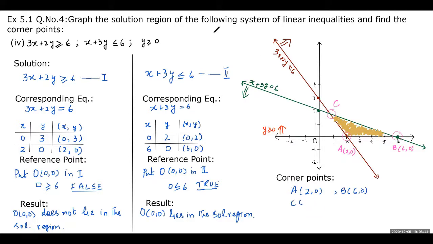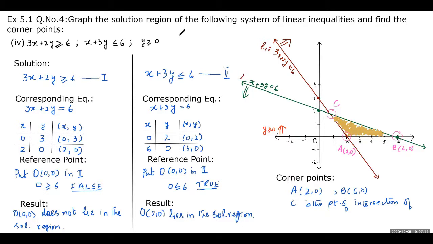Point C is the point of intersection of this line. Let's name this line as L1. I'm naming this one as L1 because I will find it easier to write the names.